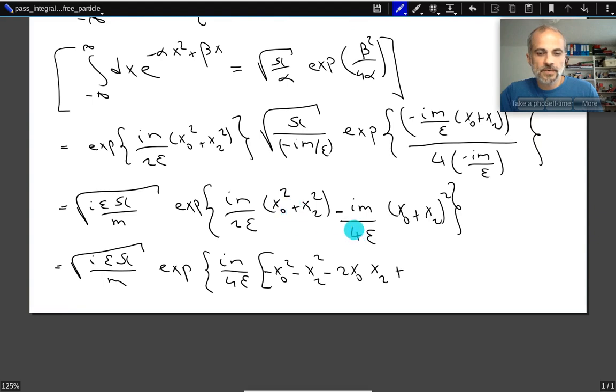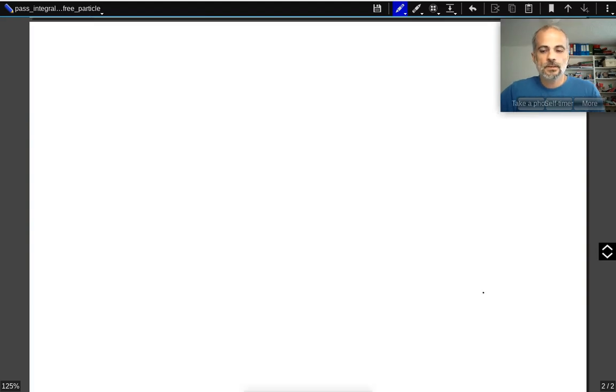You see I took out the factor 4, here there is a 2, so they come with an overall factor 2. So 2x0 squared plus 2x2 squared. Now this minus x0 squared cancels one of these 2, and minus x2 squared also cancels one of the 2.